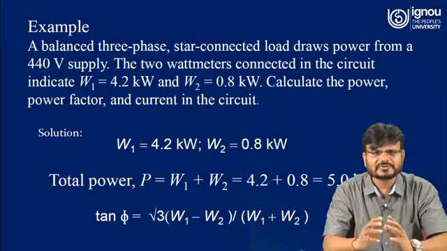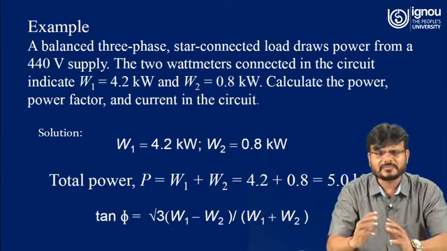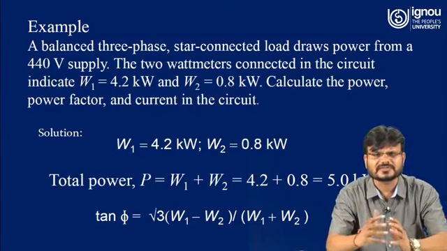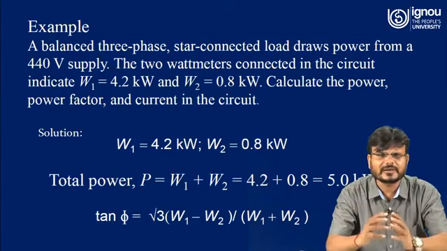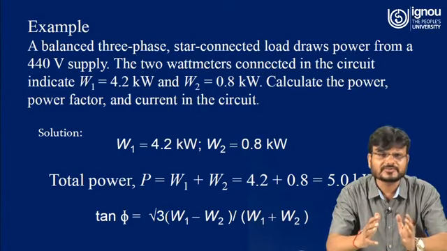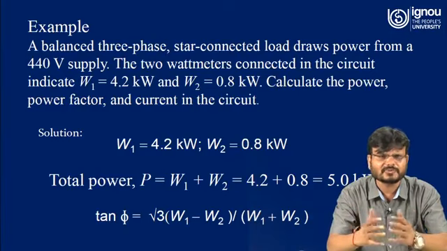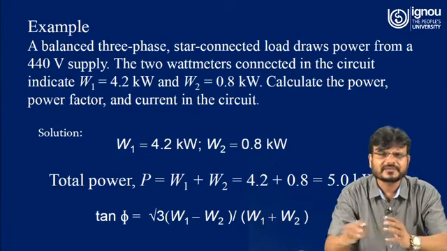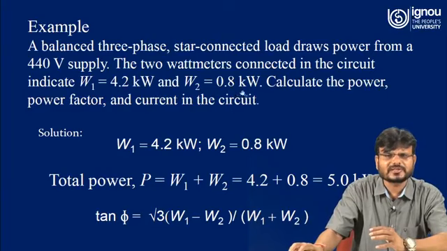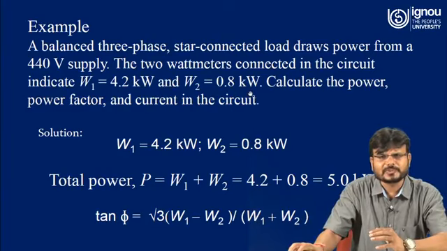Now we are going to discuss two examples on how power can be measured in a three-phase system. A balanced three-phase star connected load draws power from 440 volts, because in a three-phase system the voltage is nearly about 440 volts. The two wattmeters connected in the circuit indicate W1 equal to 4.2 kilowatt, and the second wattmeter W2 indicates 0.8 kilowatt.